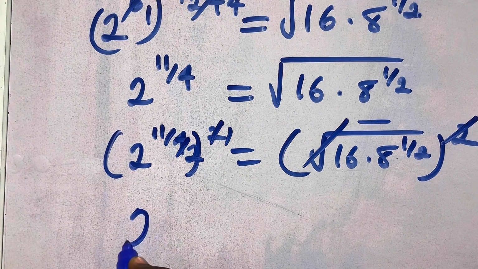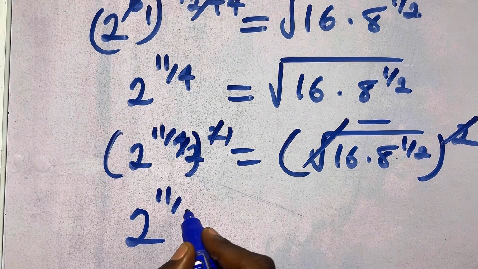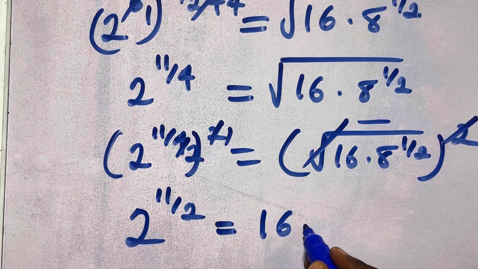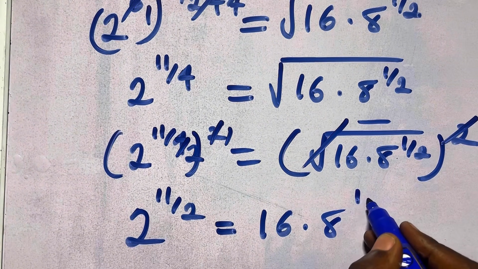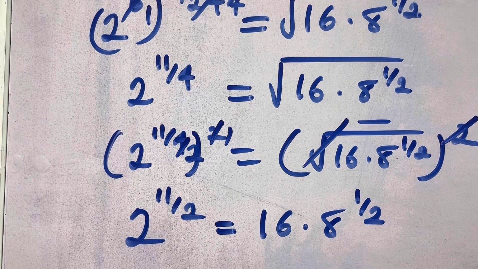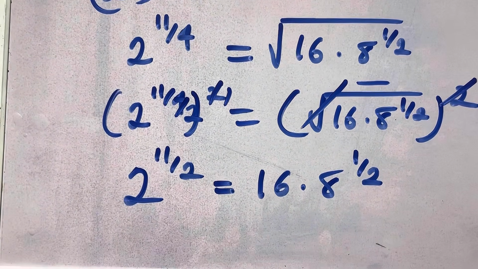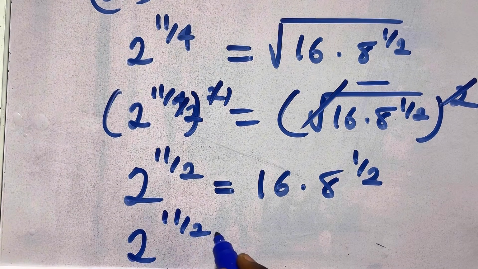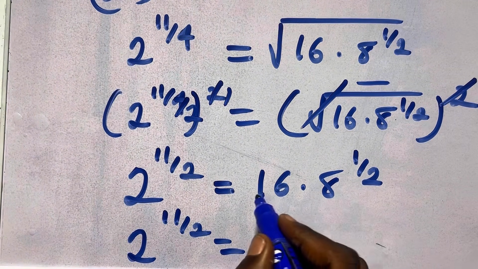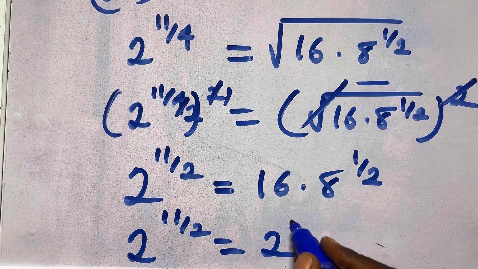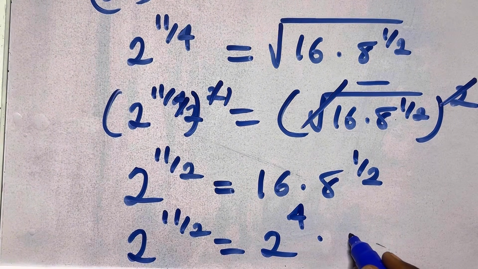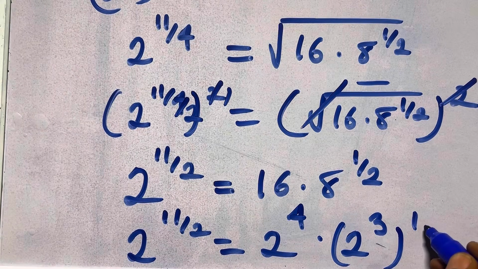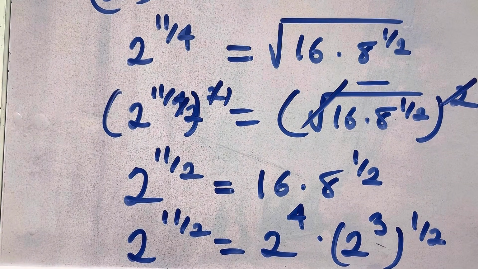So we have 2 raised to the power 11 divided by 2 equals 16 multiplied by 8 raised to the power 1 over 2. Let's express 16 and 8 as powers of 2: 2 raised to the power 4, then 2 raised to the power 3, and this is raised to the power 1 over 2 already.